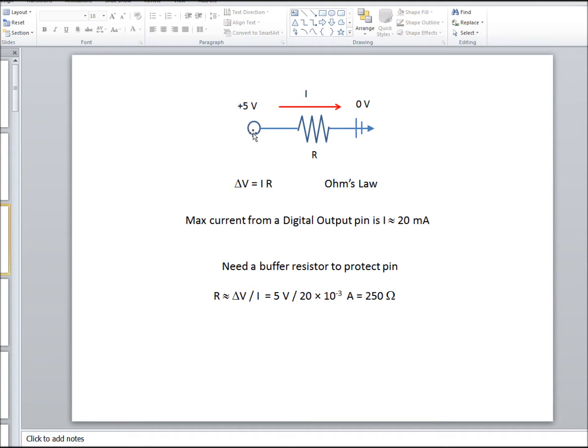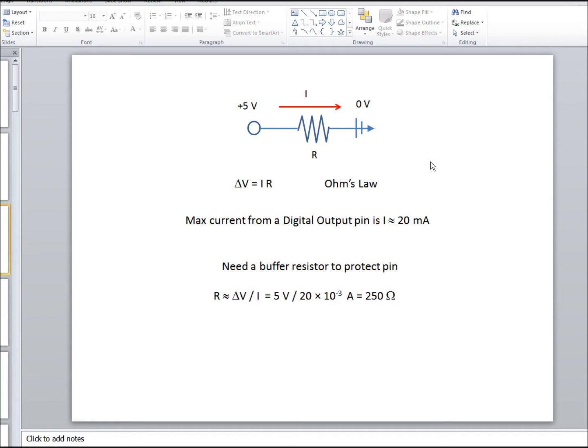This end could be the long line of +5 pins, or it could be one of our digital output pins set high. For this very simple circuit here, it obeys Ohm's law. The voltage drop of 5 volts across it, the current will be determined by the resistance of this resistor used. This is called Ohm's law.